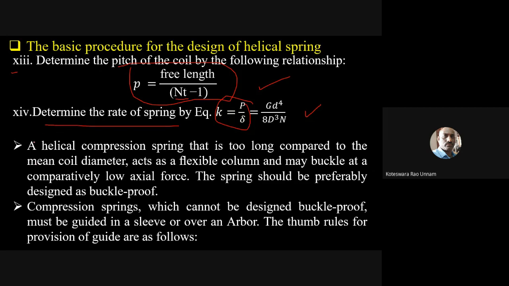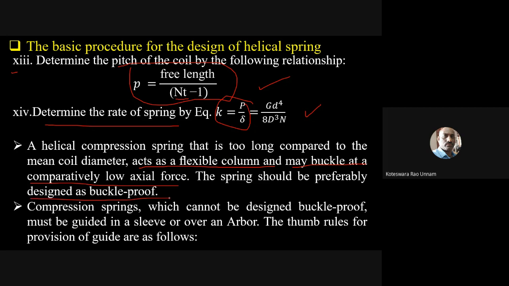You can see in these two statements that a helical compression spring that is too long compared to the mean coil diameter acts as a flexible column and may buckle at a comparatively low axial force. So the spring should preferably be designed as buckle proof.